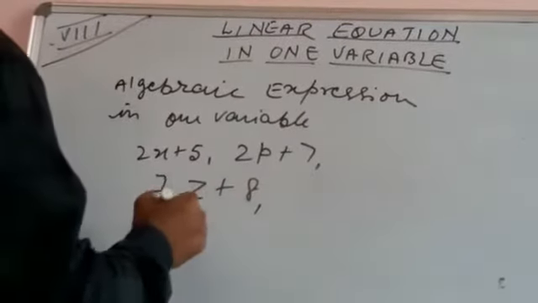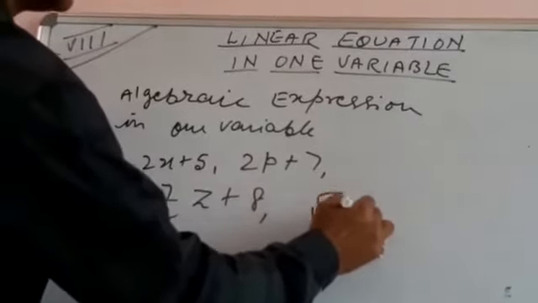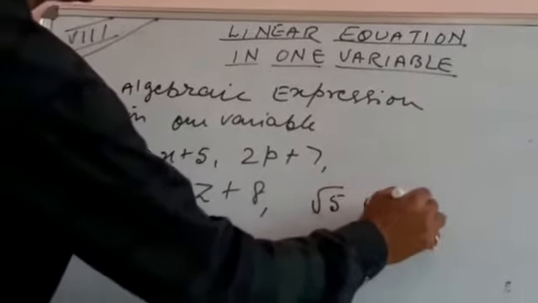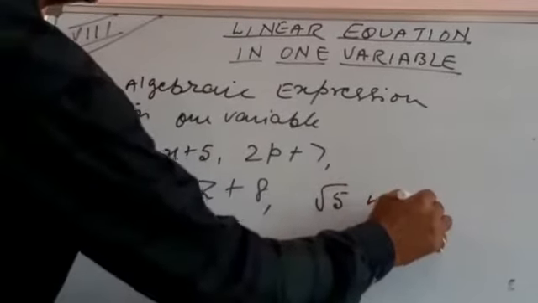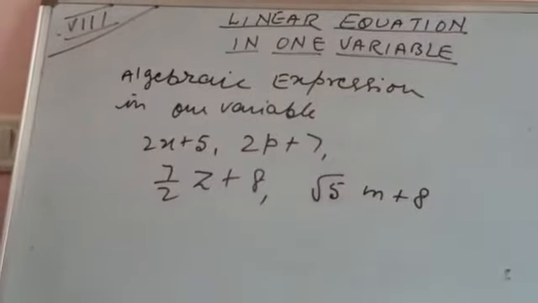More examples, root 5 m plus 8. So these are linear expressions in one variable.